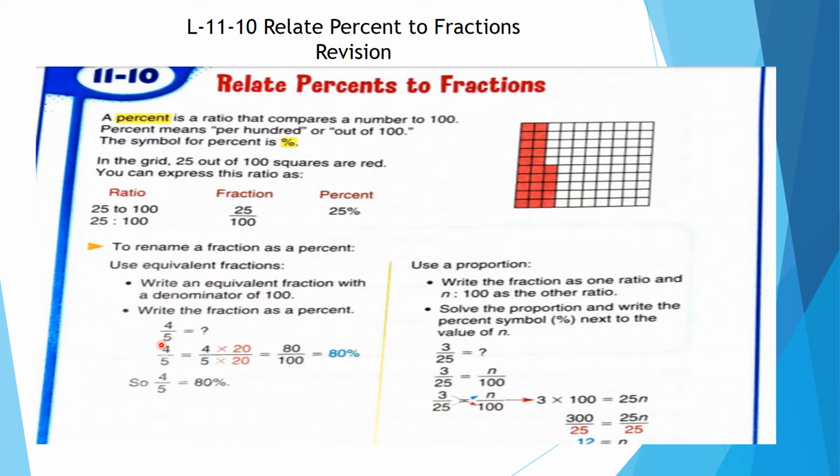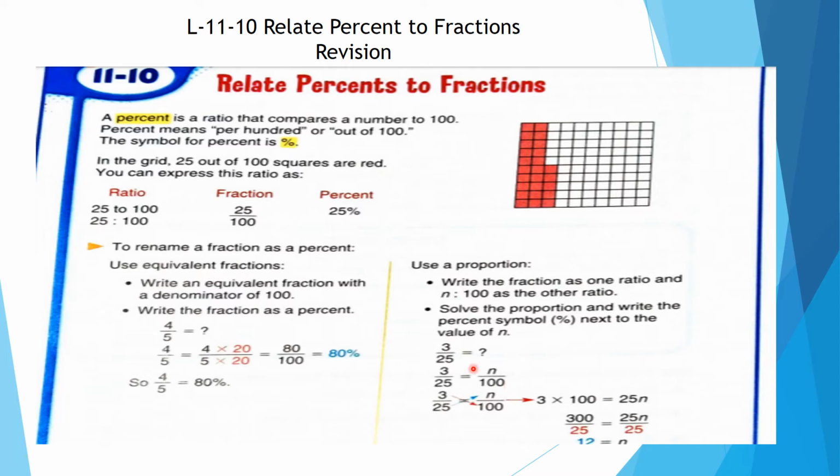Then this denominator is converted into 100. How? By multiplying by 20. You multiply 20 with the numerator and the denominator. What is the answer? 80 by 100. Then you can say 80%. So 4 by 5 is the fraction, and in percent it is 80%.